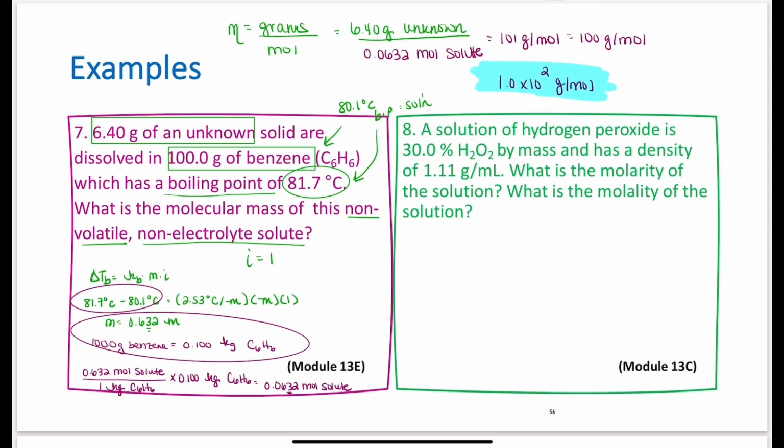What does this really mean though? Like, does this question make sense to me? What this means is when I added just 6.4 grams of this unknown to benzene, the boiling point was elevated by 1.6 degrees. So when I did the math here to find the molality, knowing that I only had 100 grams of benzene, that means that I had to have 0.0632 moles of that unknown solute in there to cause that boiling point elevation.